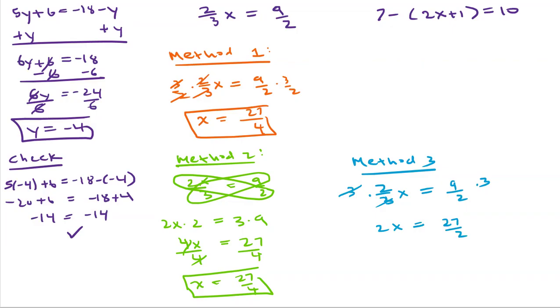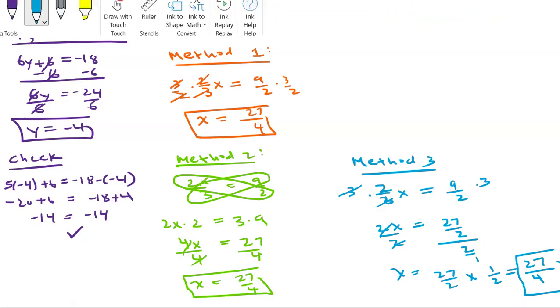Then the 2x here, I can divide both sides by 2. So this becomes 27 over 2. Remember, when you're dividing, that division becomes a multiplication, and that 2, which is 2 over 1, becomes 1 over 2. So we get 27 over 4. So again, 3 different ways of getting the same answer. Whatever way works with your brain.